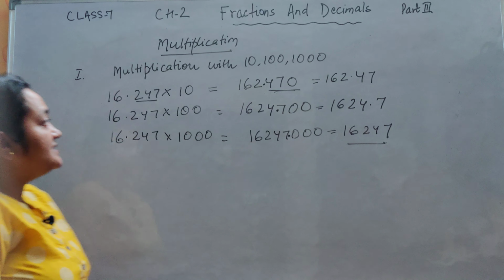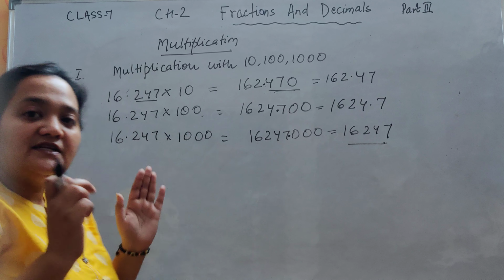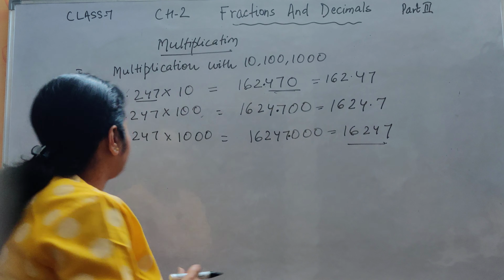That means if I multiply it by 10, then the decimal will move one place towards the right. If I multiply with 100, then my decimal will move 2 places towards the right. And in case of multiplying it with 1000, it will be moving 3 places towards the right. Okay, that's how we multiply with 10, 100 and 1000.